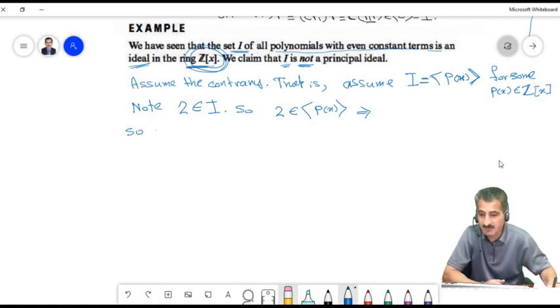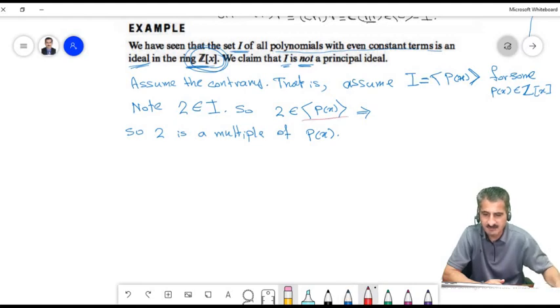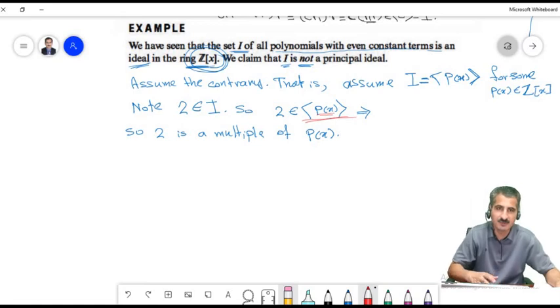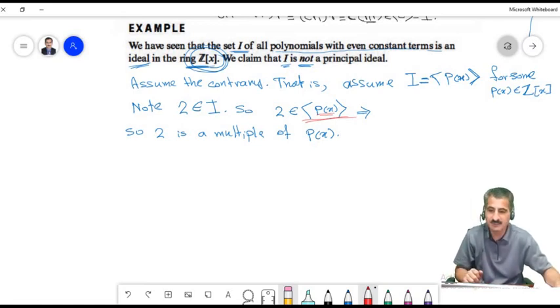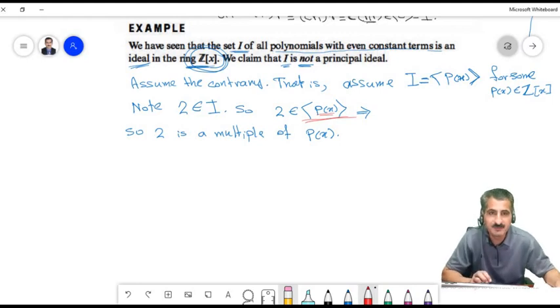So 2 is a multiple of p(x), because the ideal generated by an element p(x) is all the multiples of that generator.